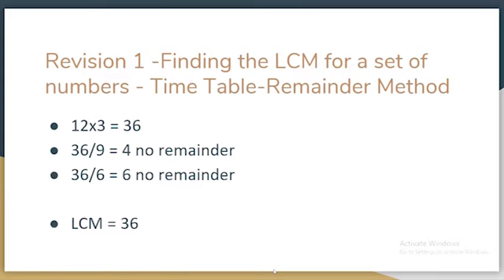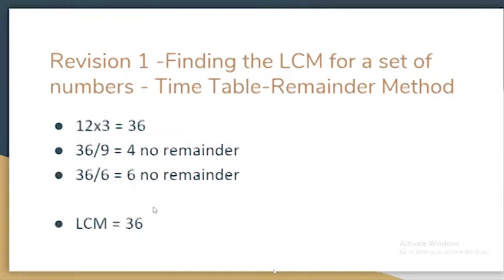We have no remainder. So 36 could be the LCM. Now let us check the next number. It is 6. 6 into 36, 6. No remainder. So 36 is definitely the LCM. Remember, you must use the approach that you are comfortable with. Now let us look at the third approach.